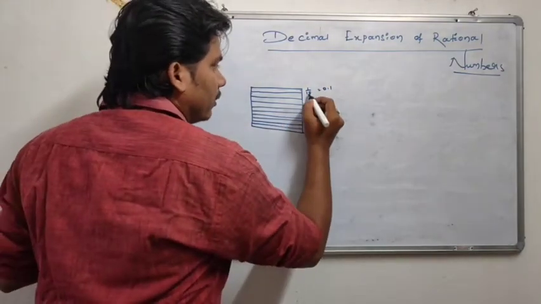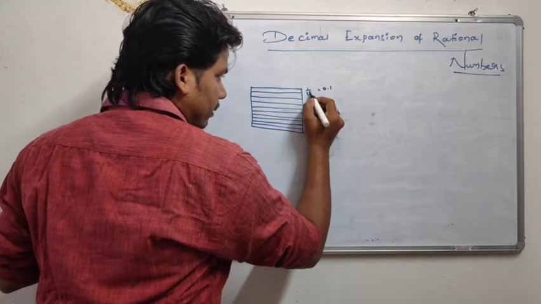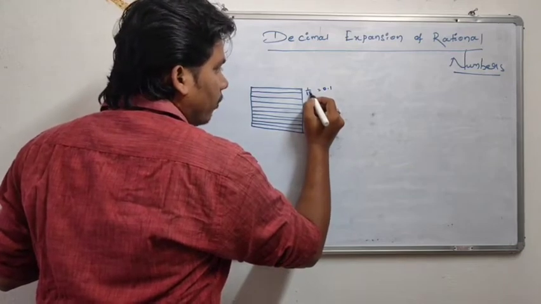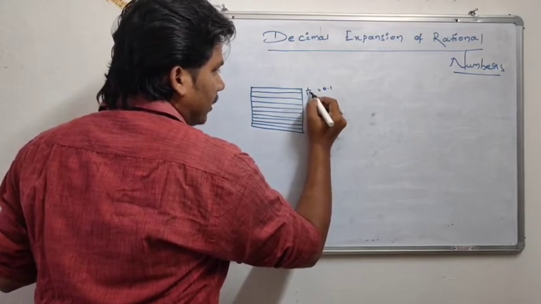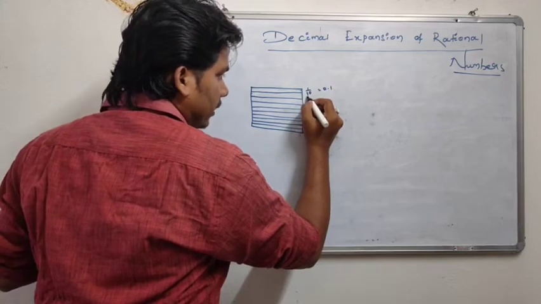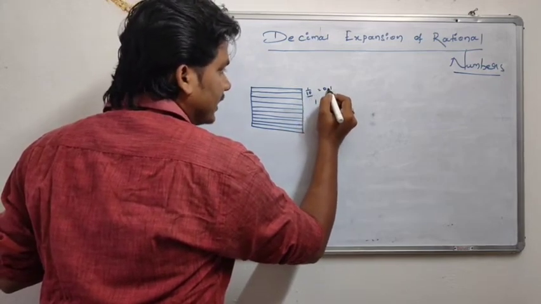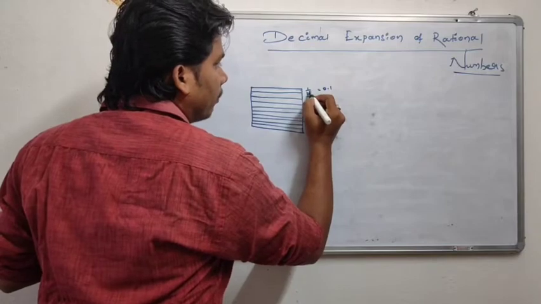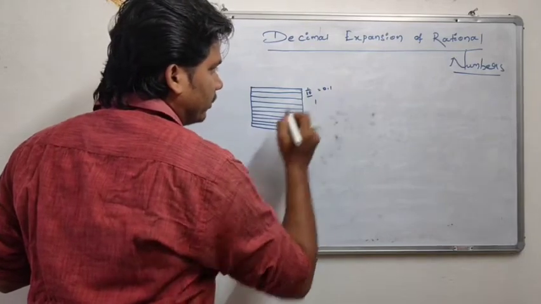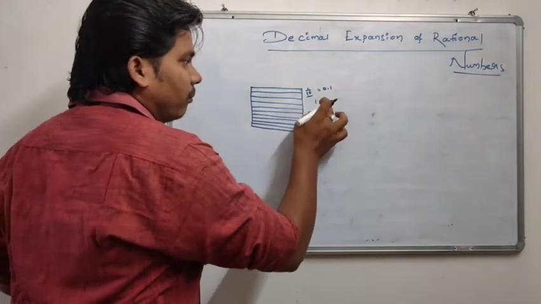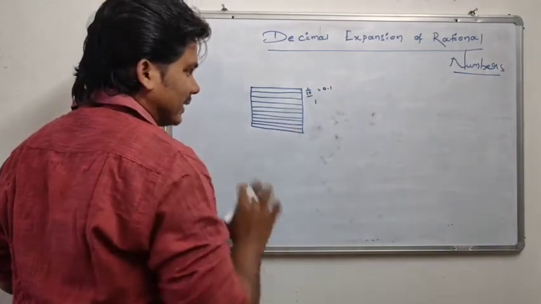Whenever 1 and 0 are there, meaning here 10 in the denominator part, and if it is 1 here, then we can use the decimal and put the number 1 to the right of the decimal. This is the form which we can represent in the decimal form.